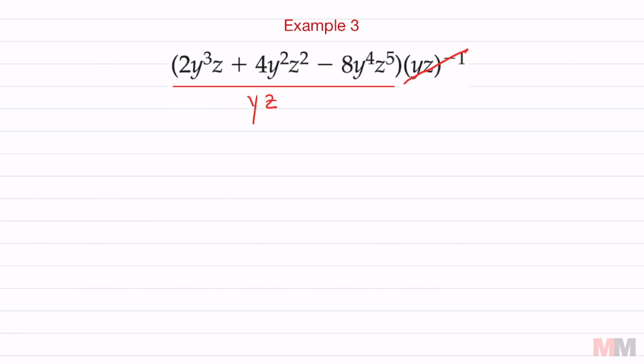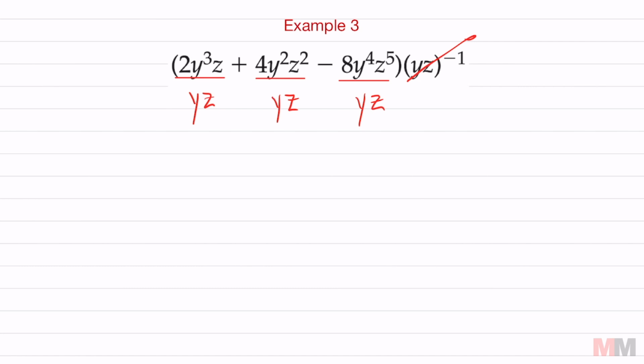I am lazy. So instead of writing it over, if you ever see something like that, just split it up like this, and you are just dividing everything by that monomial, yz. And remember, knowing your rules of exponents, once you flip it, you lose that negative exponent. And from here, all you got to do is simplify.